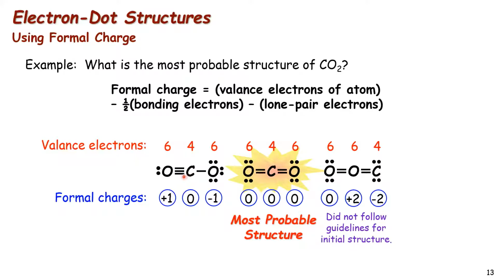So 4 minus 1, 2, 3, 4. 4 minus 4 is 0. We have oxygen in group 6. So 6 valence electrons minus 1, 2, 3, 4, 5, 6, 7. 6 minus 7 is negative 1. So it's a lot easier and quicker way to calculate the formal charges rather than using this equation.